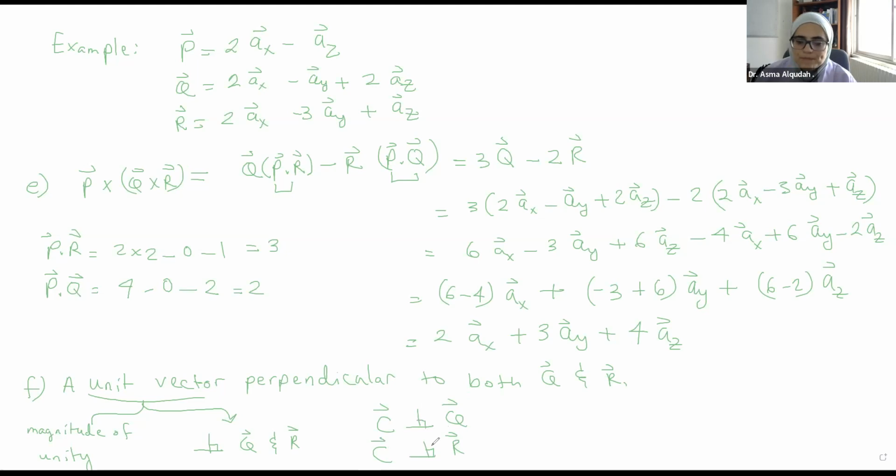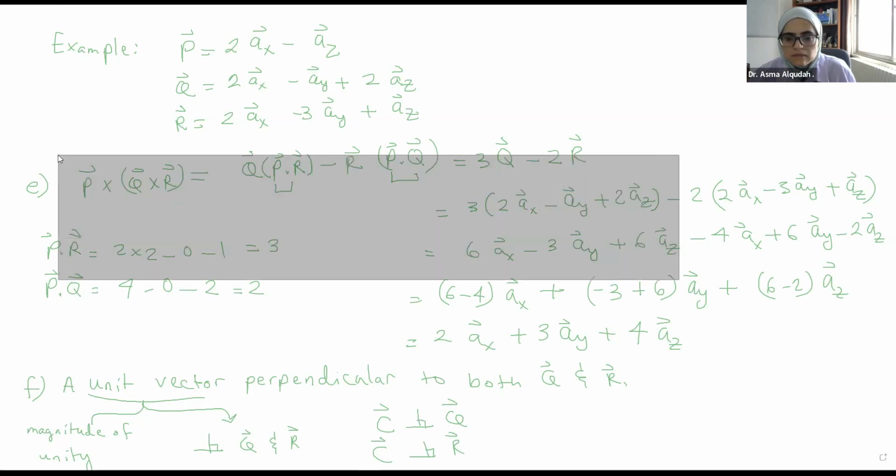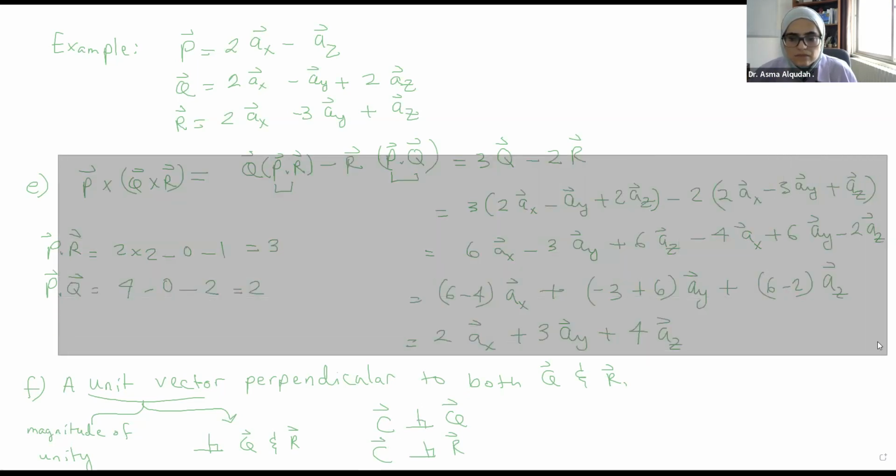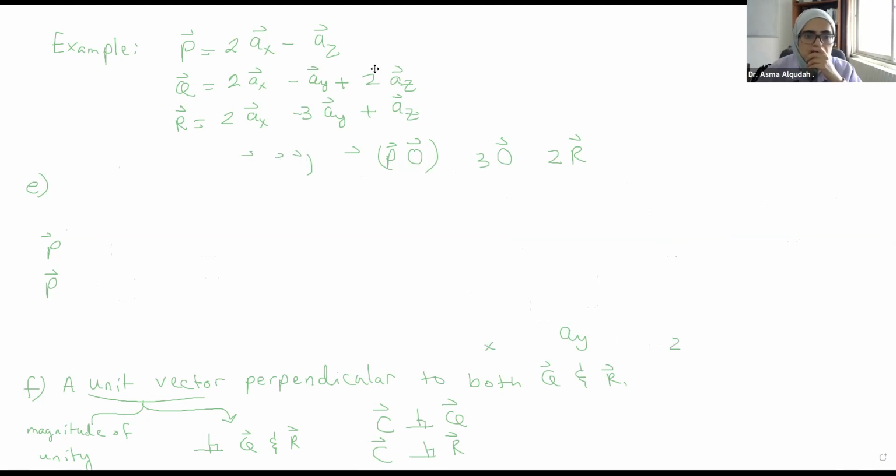Okay, so from where do we get this vector C? It could be obtained from this relation.